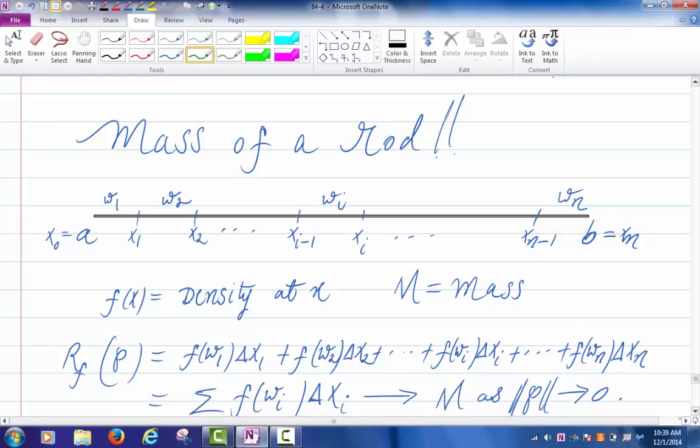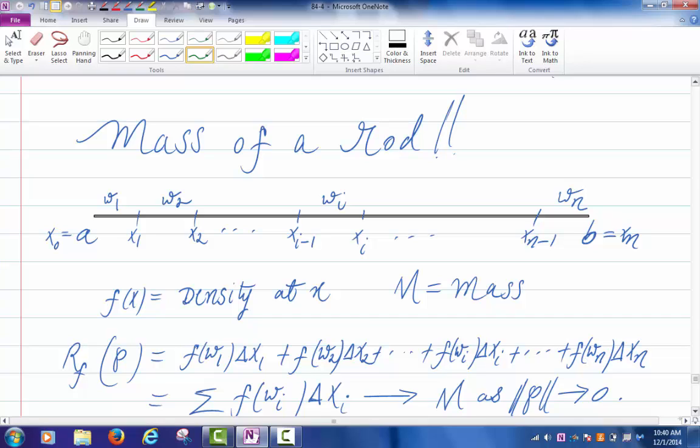So the Riemann sum in this case represents what then? It's an approximation to the mass of the rod. Now, if you pick more and more partition points, you're getting tinier and tinier pieces, and your approximation will get better and better, right? So the mass of this rod should be defined how?